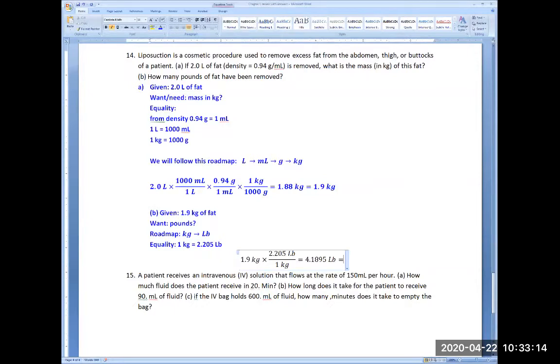So this is measured, so we need to count the number of sig figs from this, and we have 4 sig figs in 2.205. 4 sig figs versus 2 sig figs from the 1.9, that means the least number of sig figs is 2. So we will need to round to 2 sig figs, and so here we will have 4 point, and then we keep the 1, but what comes after the 1 is an 8. So you need to round up. So the 1 will become a 2, and then pound. And so that would be the full answer for question B.